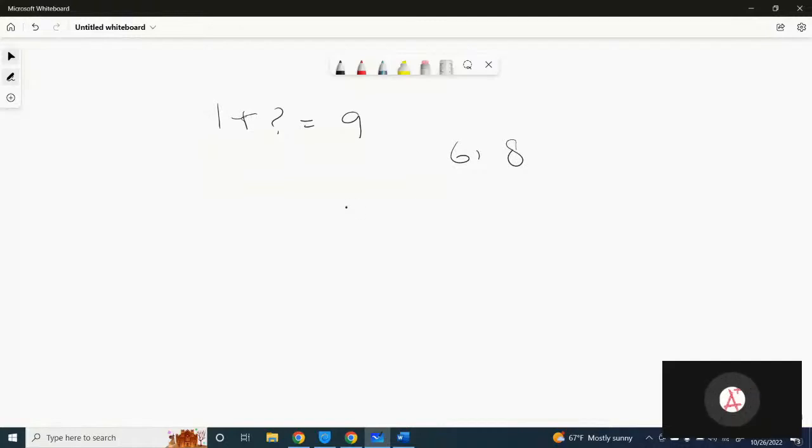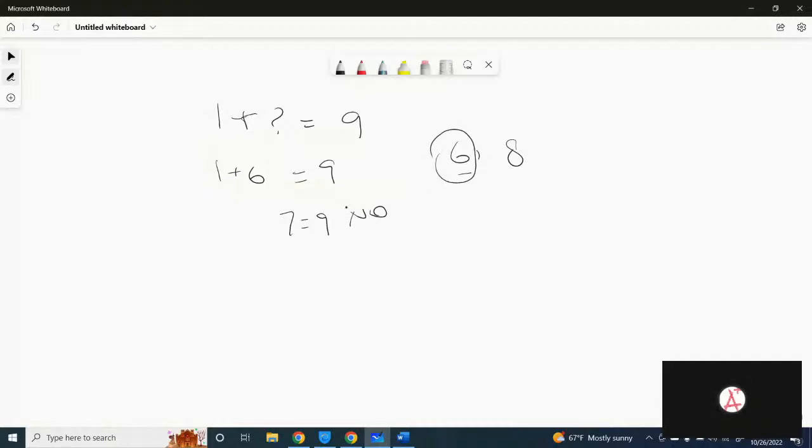Let's start with the first one. Let's replace the missing number with 6. So 1 plus 6 is 7. 7 equals 9? Yes or no? No, that means 6 isn't the correct option.